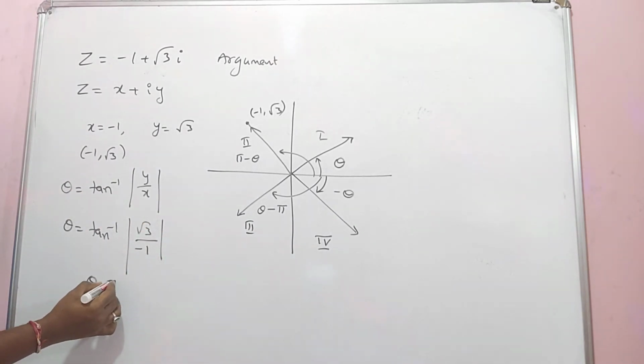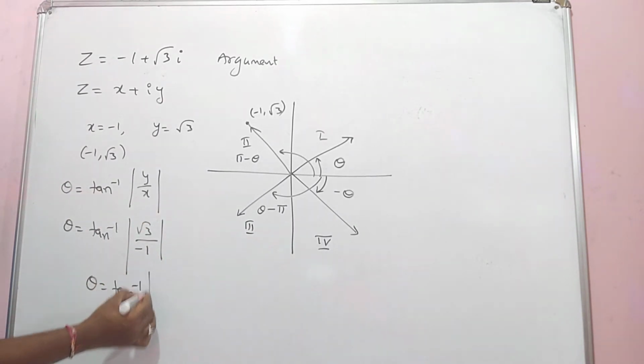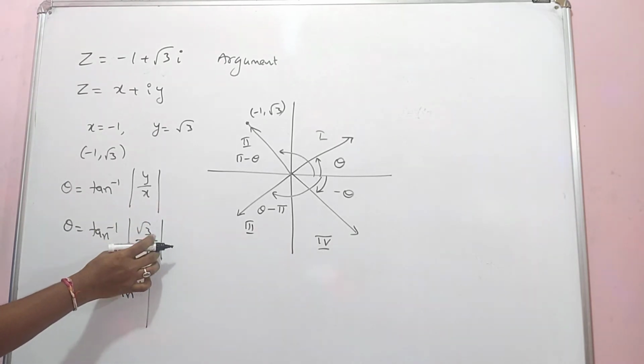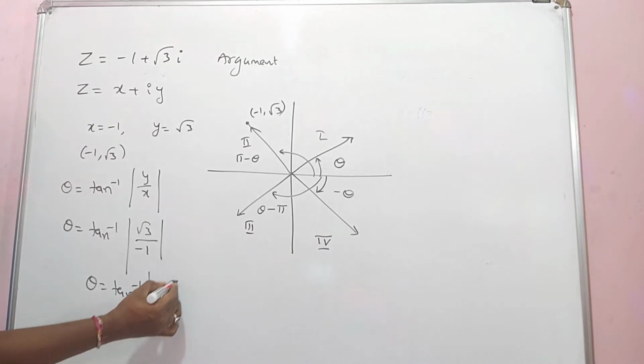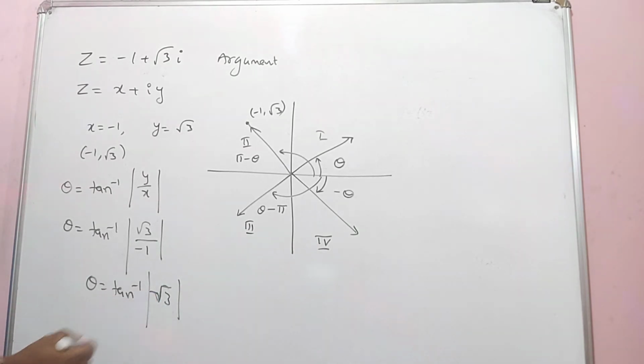So theta is equal to tan inverse modulus of root 3 by -1. The modulus of this negative will become positive, so we take root 3. So theta is equal to tan inverse root 3, since the modulus of -1 is +1.